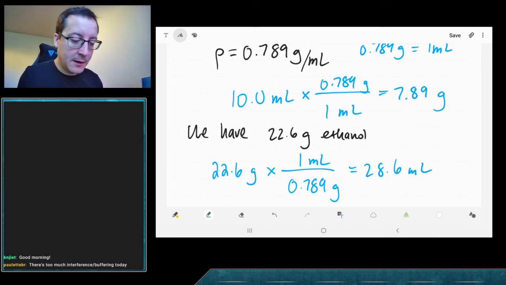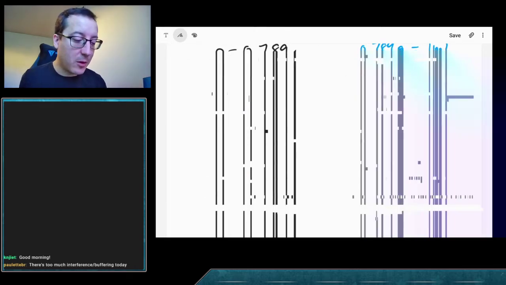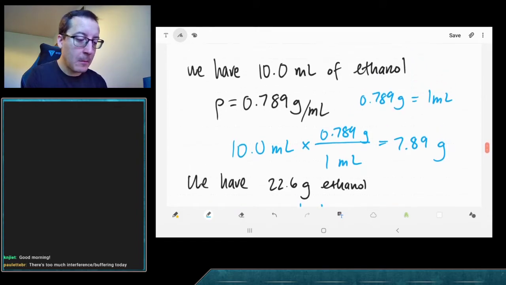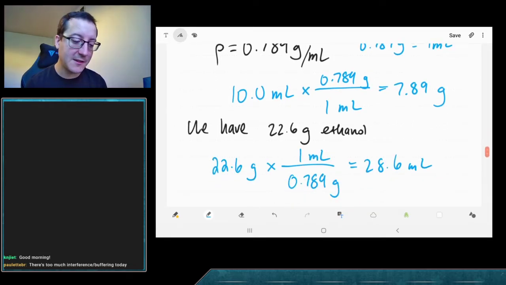Okay, no different. If you wanted to, again, you could use a formula to solve these. If we started with that 10 mLs, you would just plug that in for the volume, do rho equals m over v, and just solve for m. Or you could do the same thing for the other one, but I think it's just easier to use them as conversion factors.